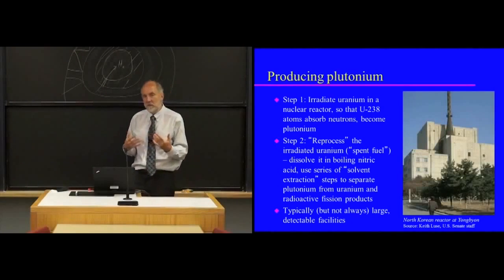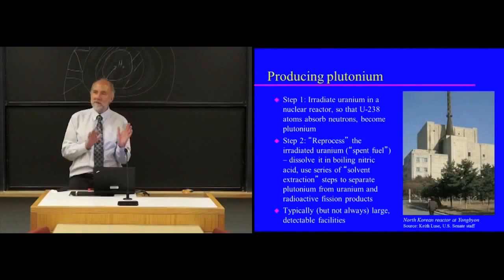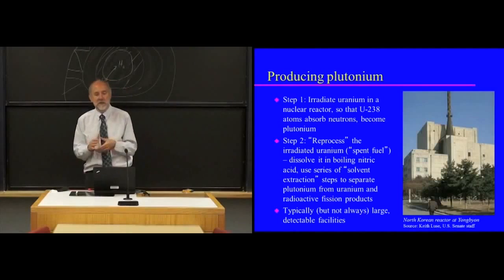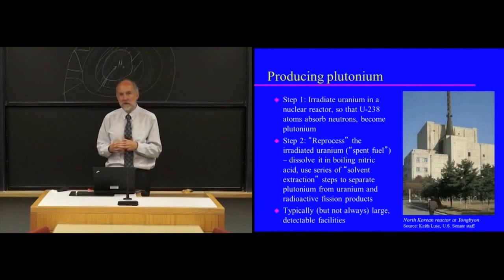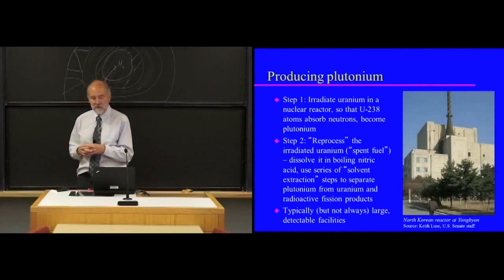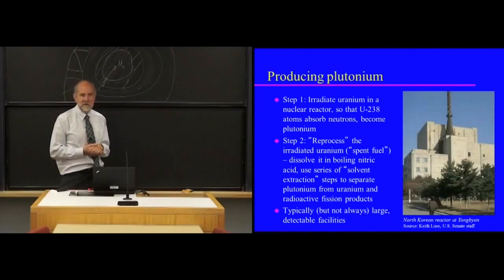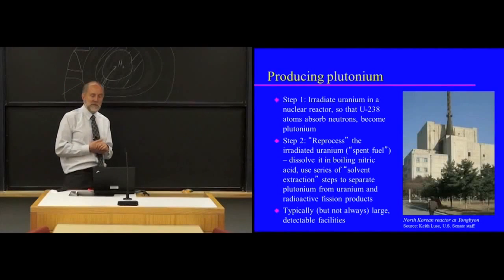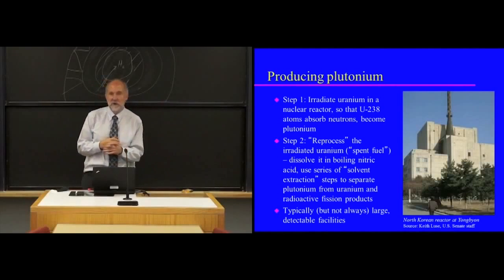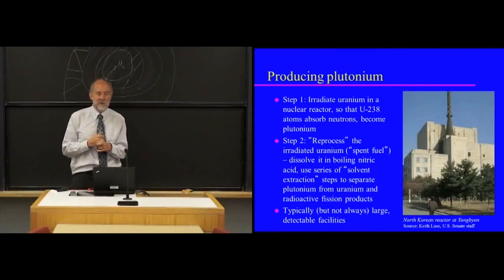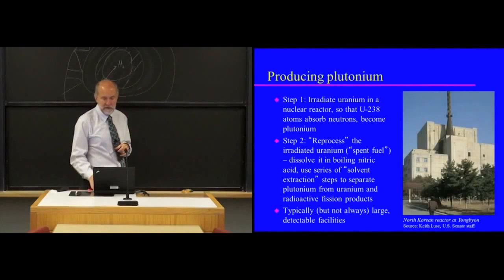Typically, both the reactors and the reprocessing plants are, though not always, large and observable facilities. This photograph is one that a Senate staffer took on a visit to the North Korean nuclear reactor that has produced the plutonium that North Korea has so far, which was the focus of the first phase of the North Korean nuclear crisis in 1994.